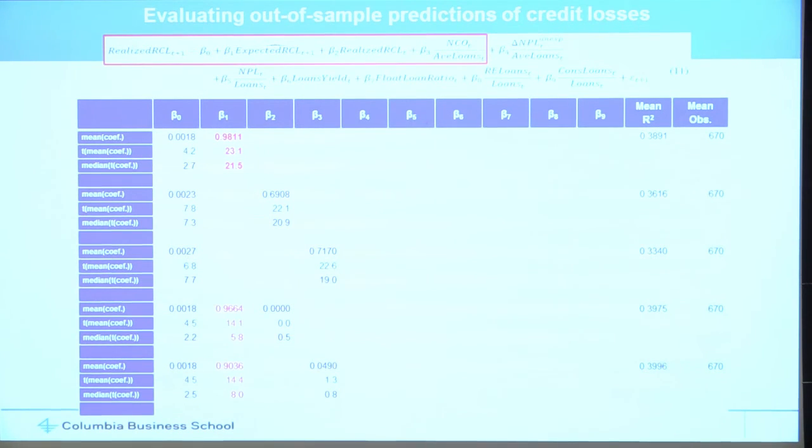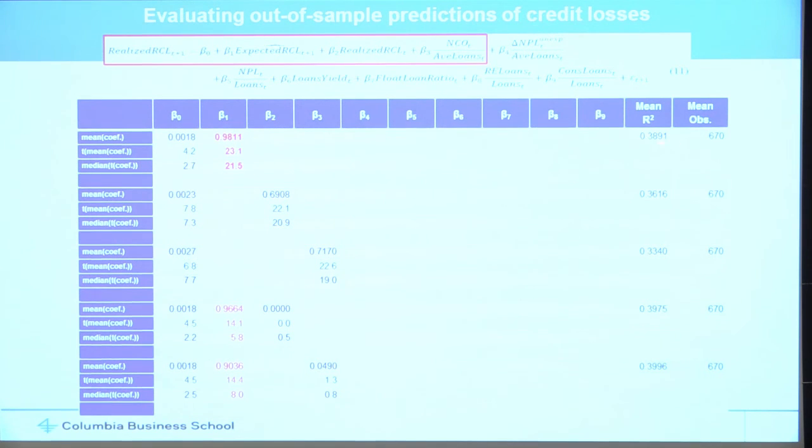So if you look at the results of that, and this is a subset of them, and you compare it to the actual last year's realized rate of credit losses or the net charge-offs of the prior period, what you find is that our measure actually does much better.